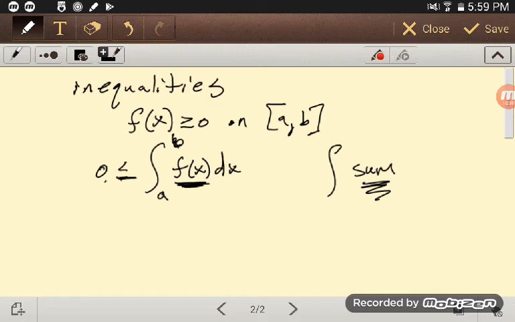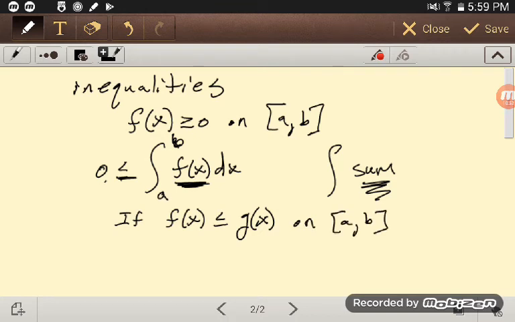So that makes sense. And then similarly, if f of x is less than or equal to g of x on a to b everywhere, then the integral of f of x dx from a to b has to be less than the integral from a to b of g of x dx.